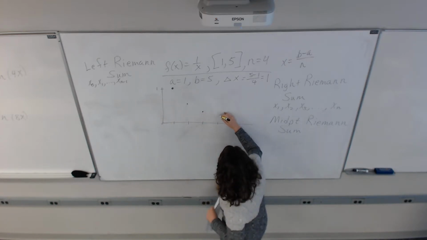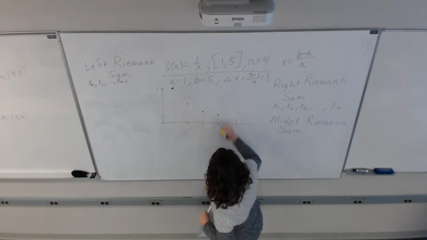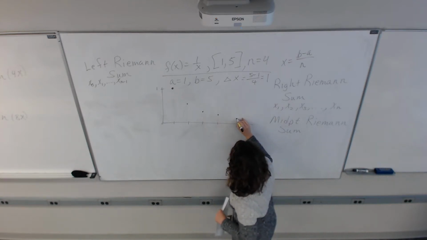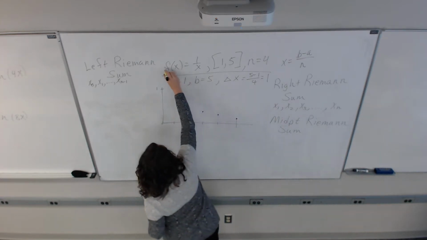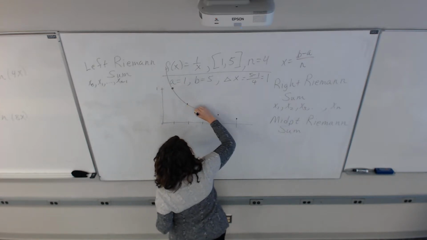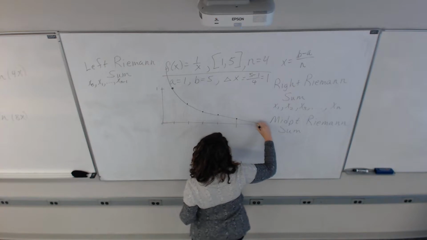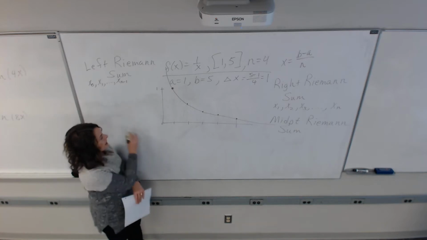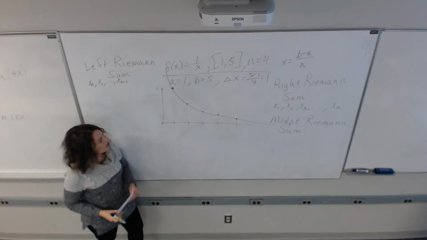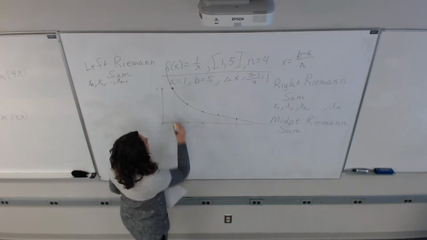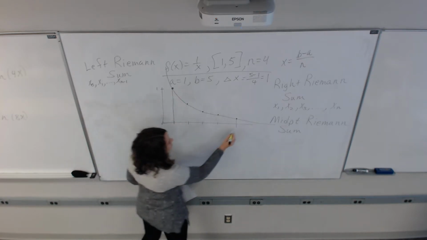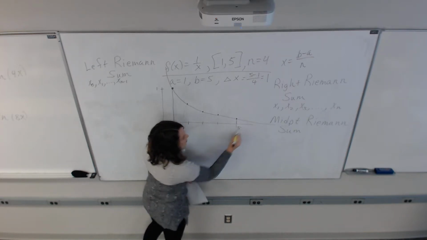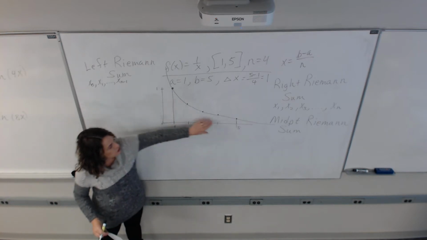When x is 4, I get 1/4, which should be about there. And when x is 5, I get 1/5, which is about there, maybe a little lower. In other words, this is the graph that does this, right? And it approaches the x-axis as x goes to infinity, right? And it has another piece over here, but I'm not interested in that piece. I'm only interested over here. I want to know how much area is under the curve between these two x-coordinates, x equal 1 and x equal 5. This region right here.